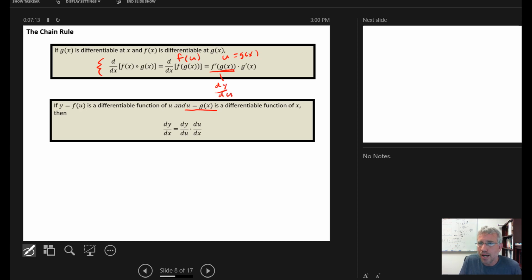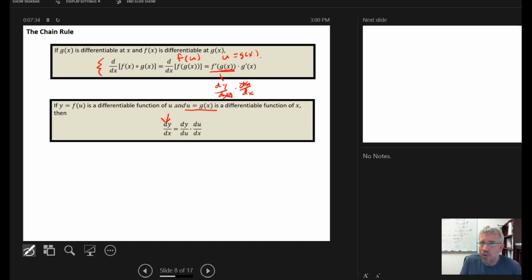And g prime is going to equal, if u equals g of x, then g prime of x is just du dx. A mental way for remembering this, and it's naughty, is to think of it as the du's canceling to give us dy dx.